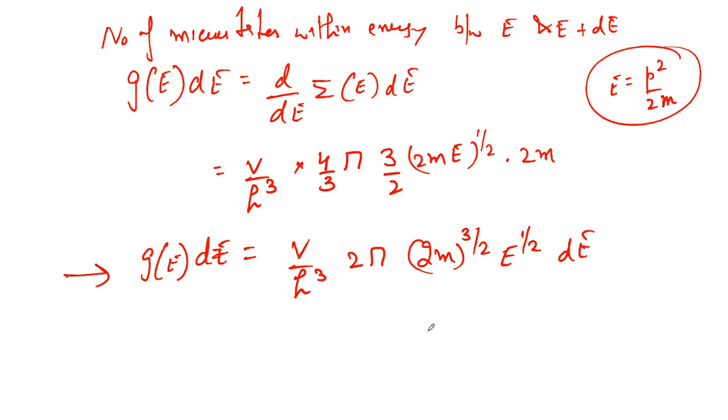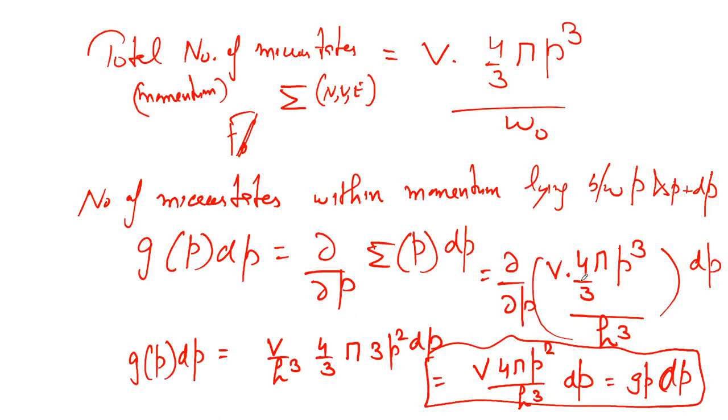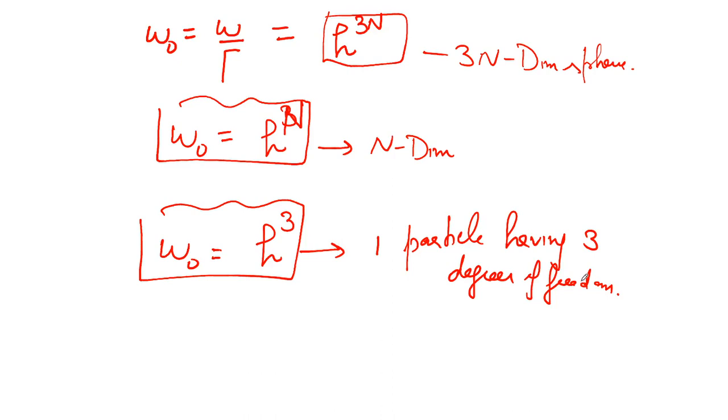So this is all about the classical ideal gas, and from this classical ideal gas we have derived the volume of one microstate, which comes out to be of the order of h raised to power 3N for this 3N dimensional hypersphere.